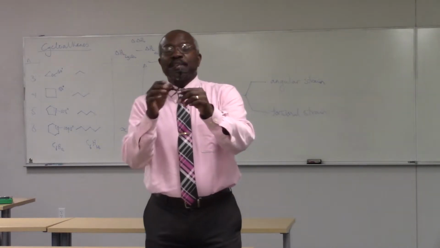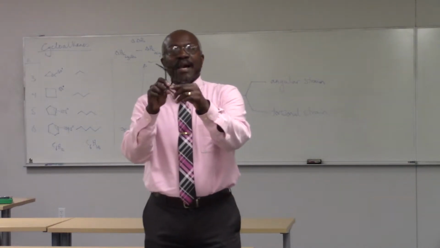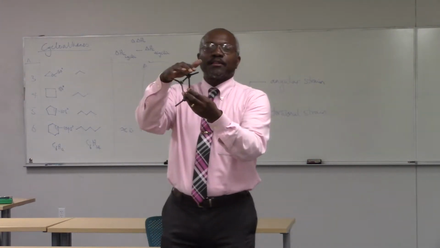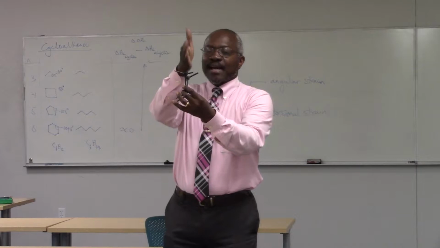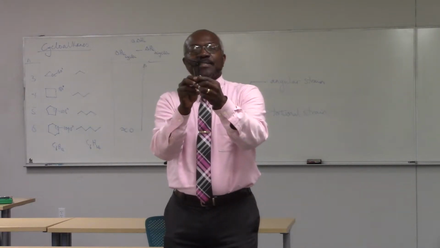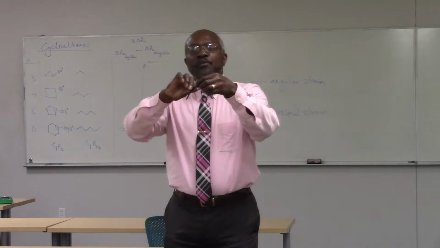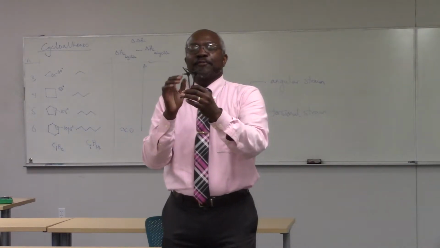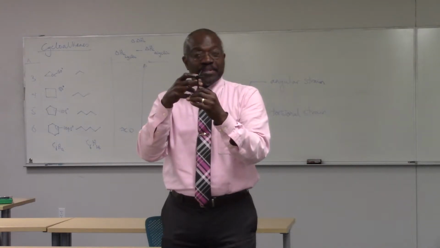So if I look at butane, this represents my highest energy state, right? Where my two methyl groups are at a dihedral angle of 0 degrees. So this represents a high energy state. And torsion refers to twisting, and torsional strain refers to the strain of being eclipsed, right?